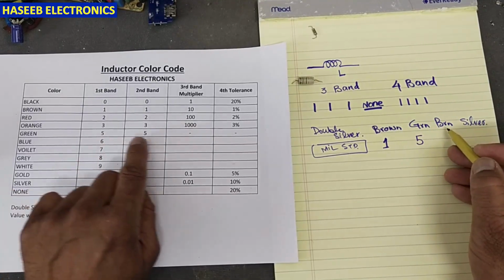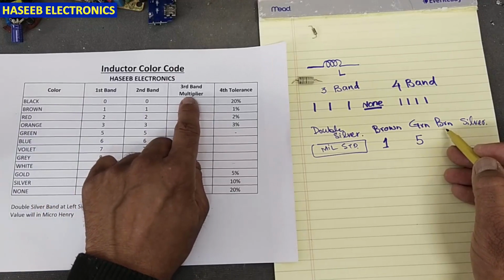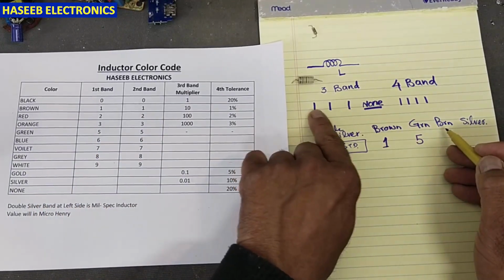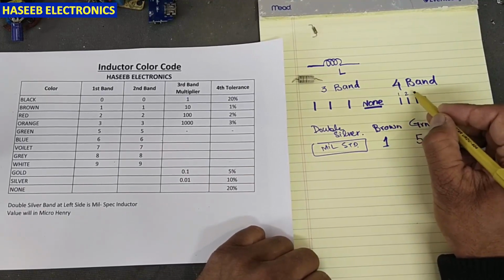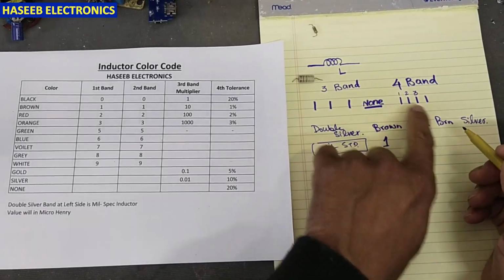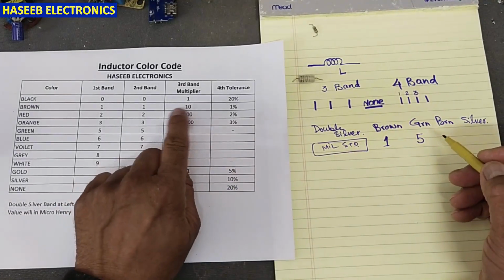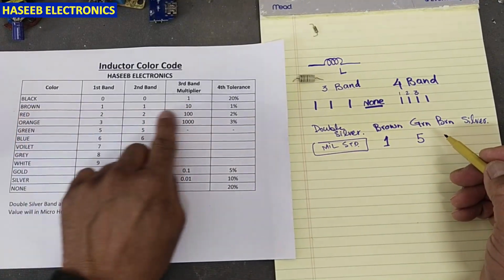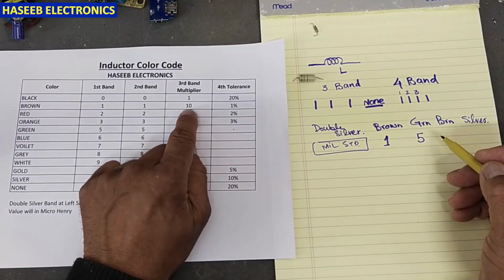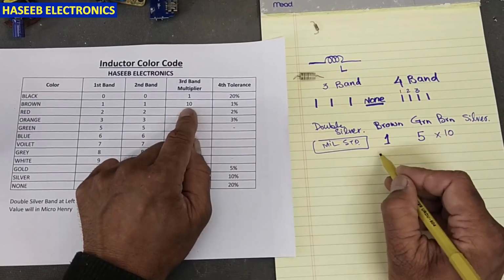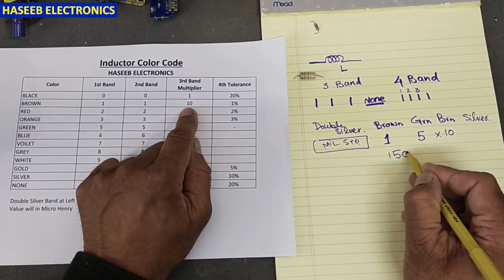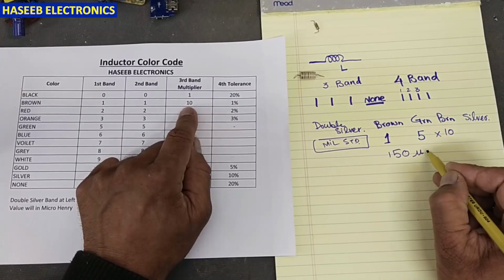Then brown. Brown is the multiplier. The third band, this is the third band. First, second, third. The third band is the brown band. So brown is multiplier 10. We will multiply with 10. It is 150 microhenry.